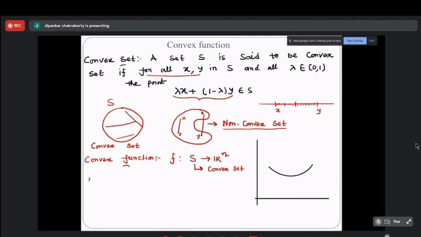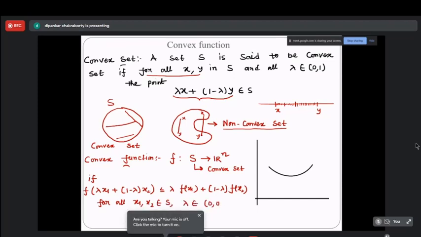If f of lambda x1 plus 1 minus lambda x2 is less than or equal to lambda f of x1 plus 1 minus lambda f of x2, for all x1, x2 belongs to S and lambda belongs to 0 to 1.